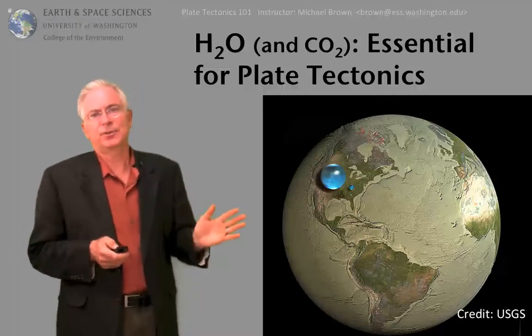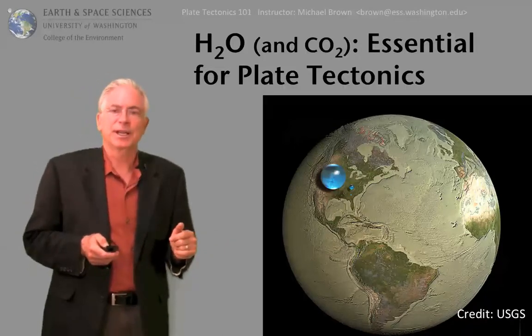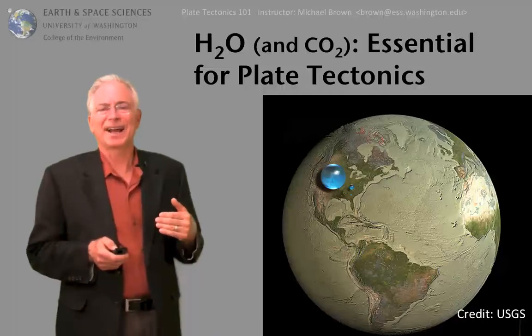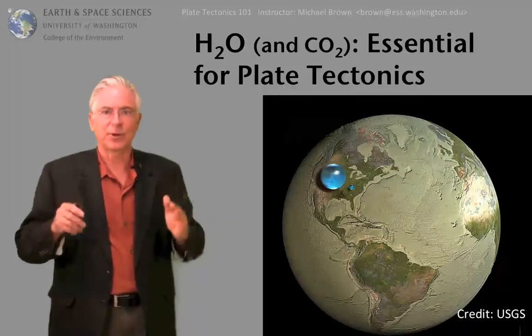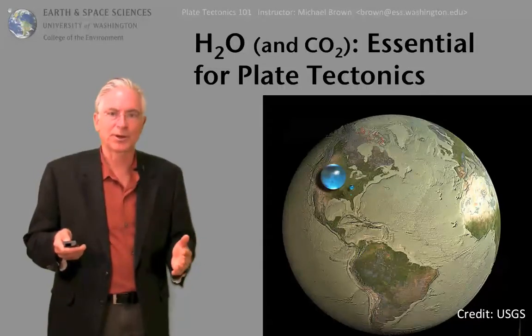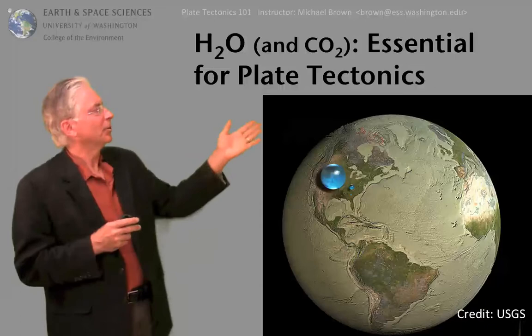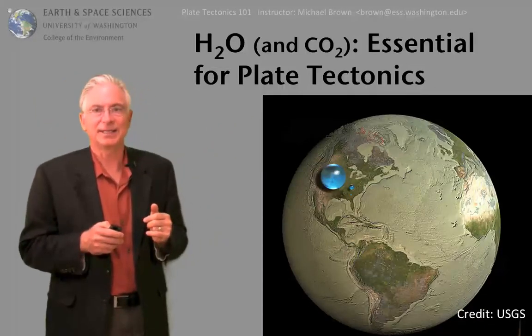First of all, there's this interesting image here from the USGS, which illustrates just how little water we really have. If we sucked all the water out of all the oceans, out of all the rivers, streams, all the groundwater, it would form a single ball with a radius of about 680 kilometers.